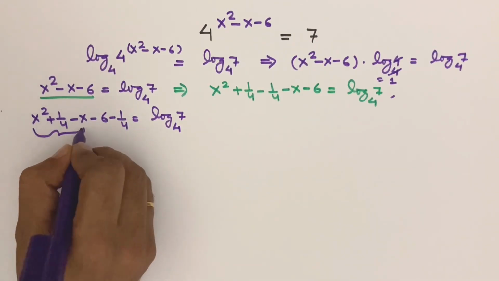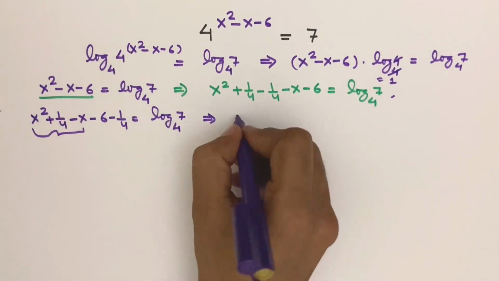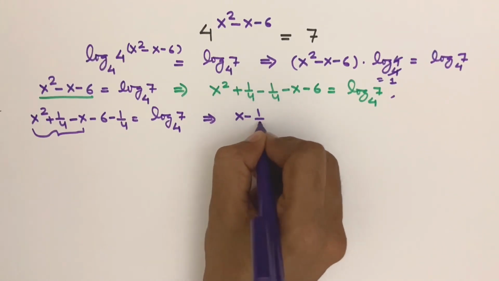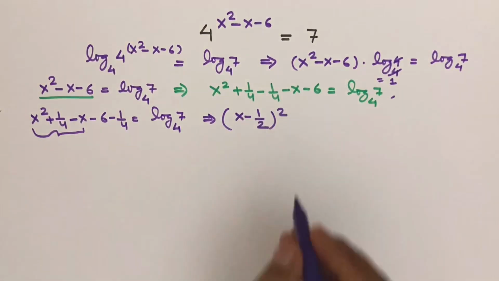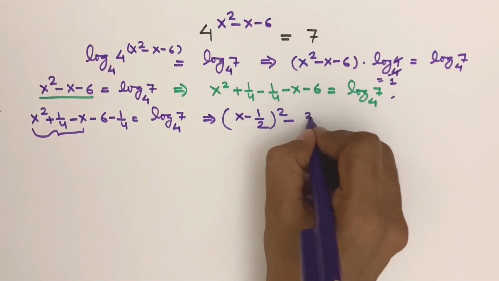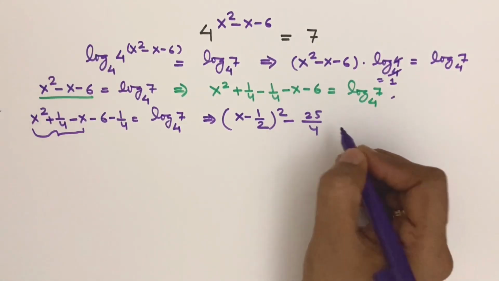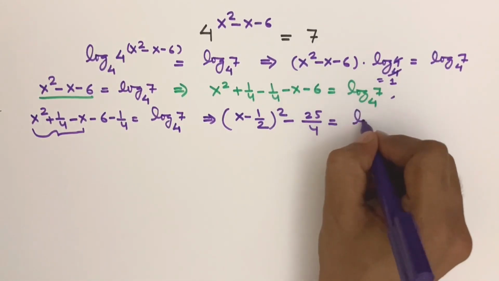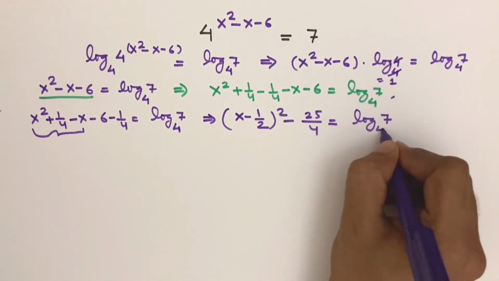So this term can be written as x minus 1 by 2 whole square minus 25 by 4 equals log 7 base 4.